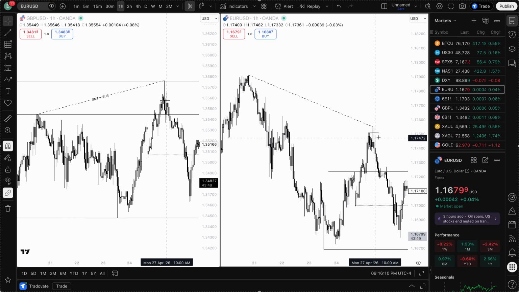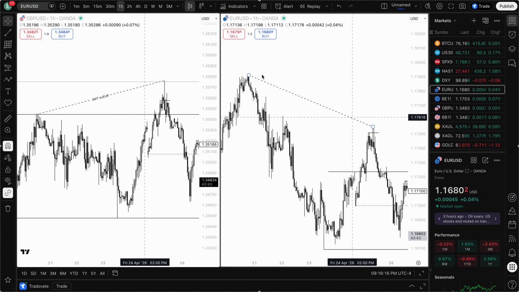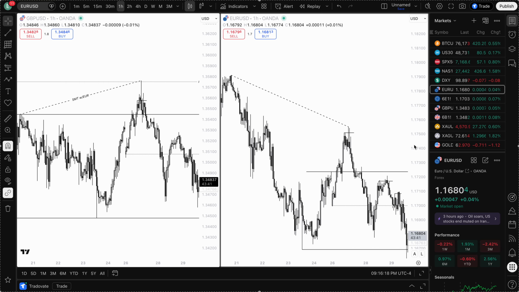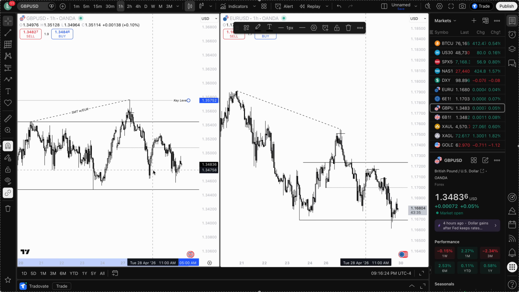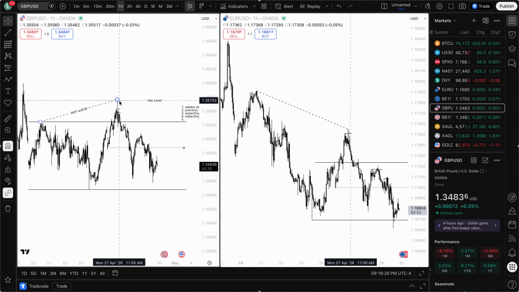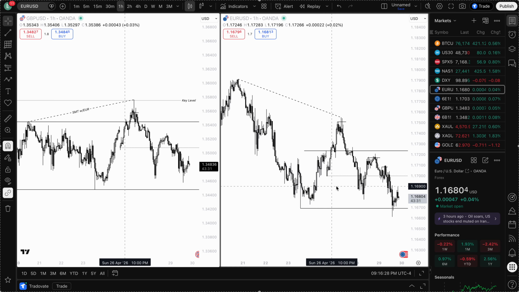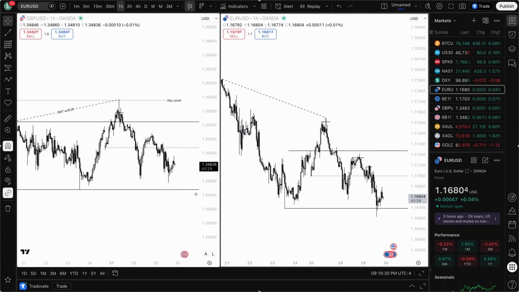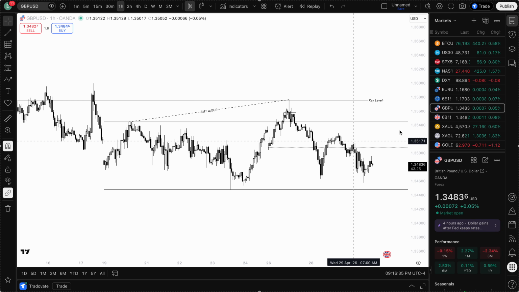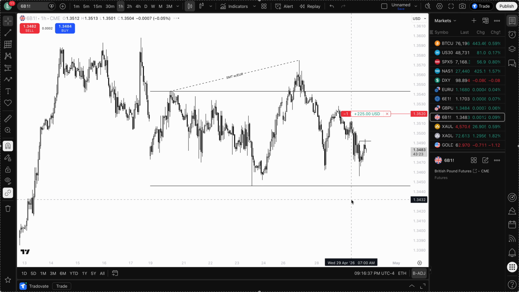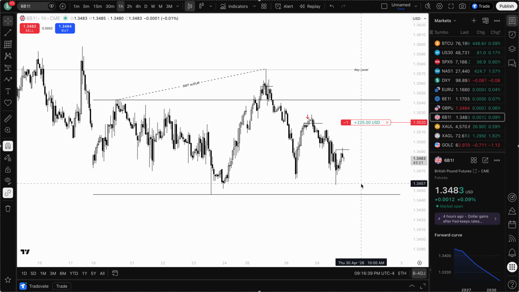It failed to make that high on euro, but it made the high on pound dollar. So there's a crack in correlation at a key time, being Monday during manipulation into the key level. You can see euro dollar already completed it. But it's early in the week, so we will let this trade continue.